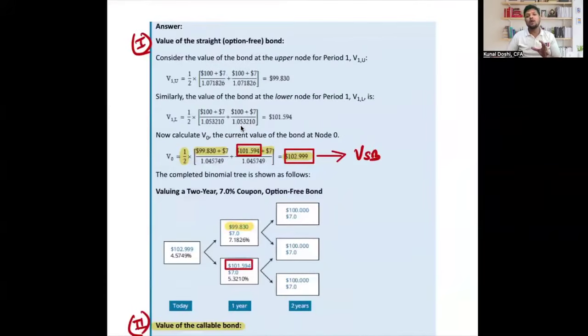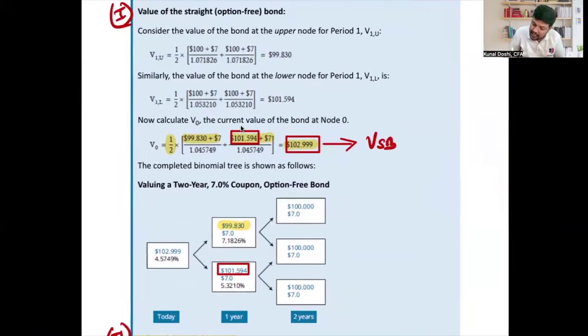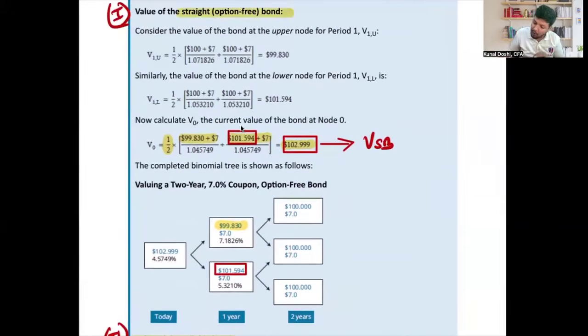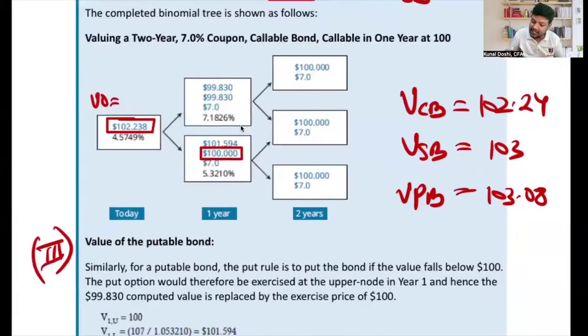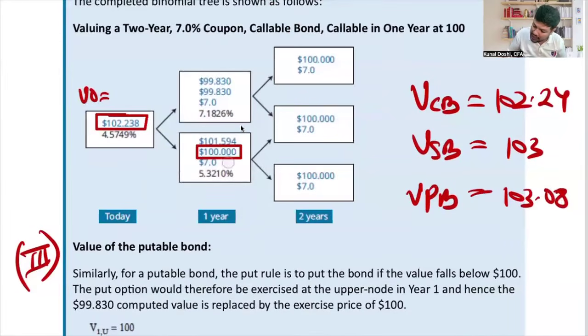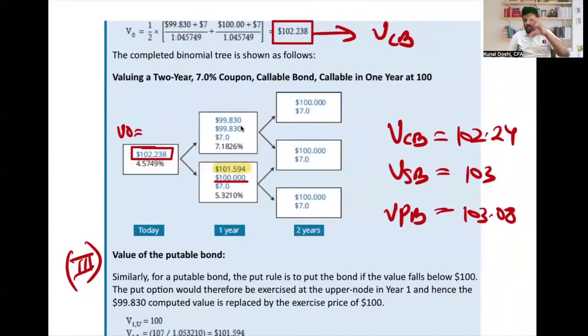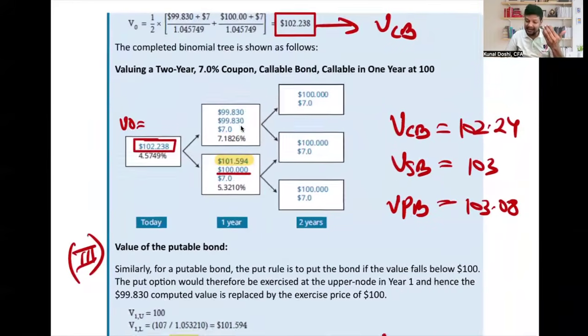Now, when it comes to backward induction, we follow the same process as we did for a straight bond. But if it's a callable bond, whenever the bond price goes up, the maximum you will get is the call price. So whenever the price goes up, the maximum is 100, because the issuer will call back. Instead of taking 101, we take 100.